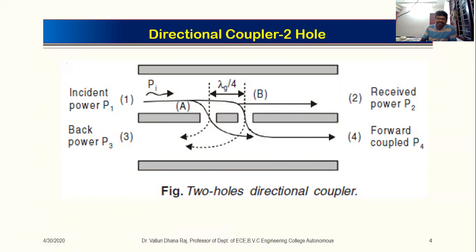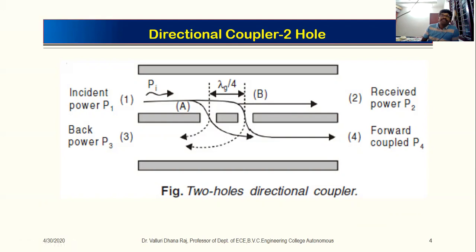Coming to the reverse, the signal through hole A and the signal through hole B will depend on the distance traveled. This is 0 and this is lambda by 4. Lambda by 4 plus lambda by 4 in the reverse is nothing but lambda g by 2.